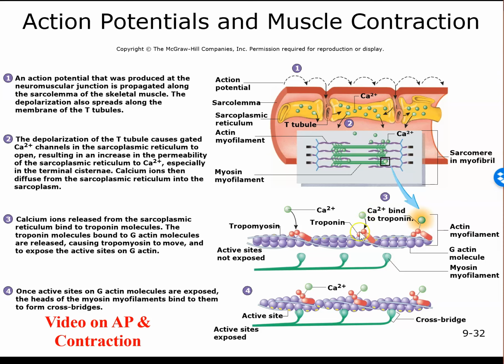That troponin will shift the tropomyosin that we see over here, the rope-like structure, that will reveal to us the active sites. And the myosin head will attach to the active site and cause the power stroke in order for the contraction to take place.